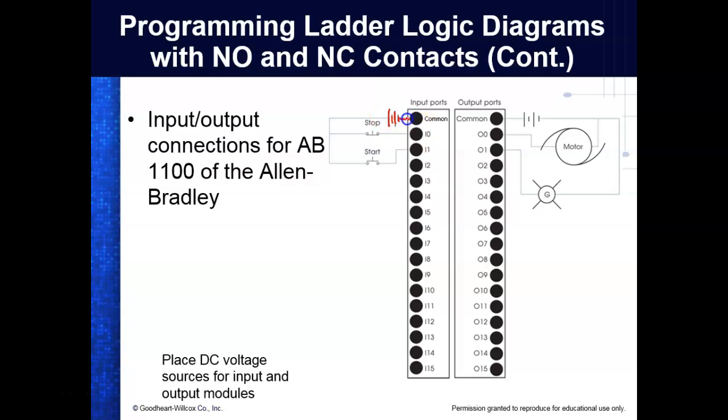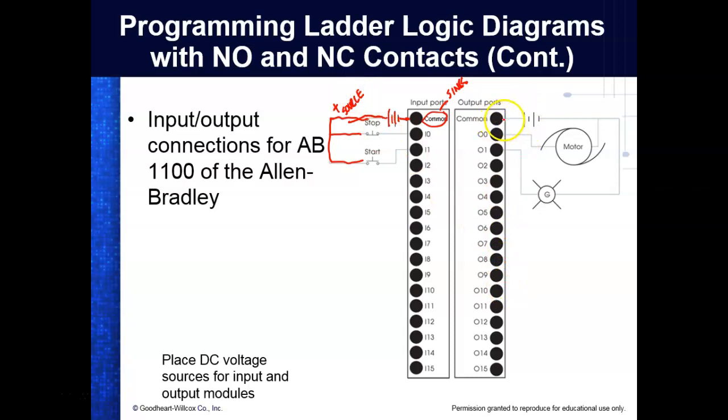I've got the negative pointing toward the common on my input ports. So I'm setting up my inputs to what? Sink. So my positive comes over here to my input devices themselves. And notice this is its common. So these guys, since I've got the plus running over here, these guys are set up to source, right? That makes sense.